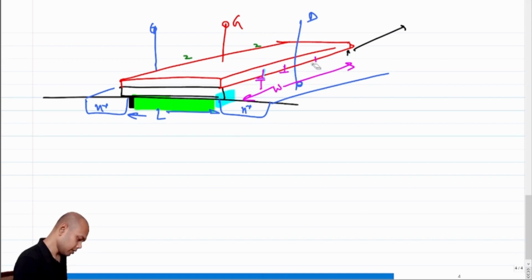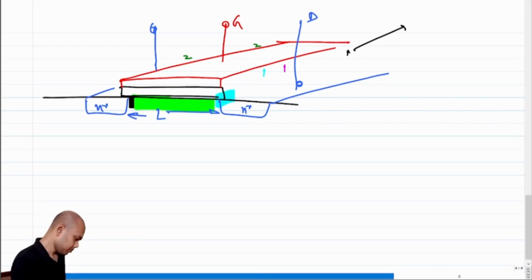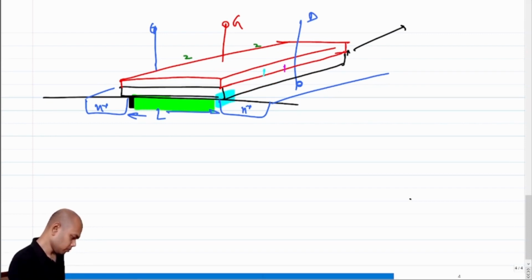What changes? So what changes during saturation region?